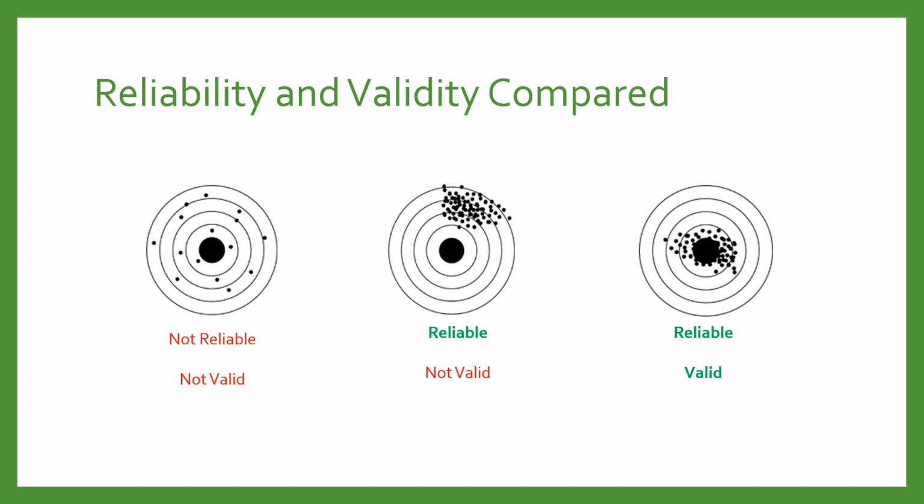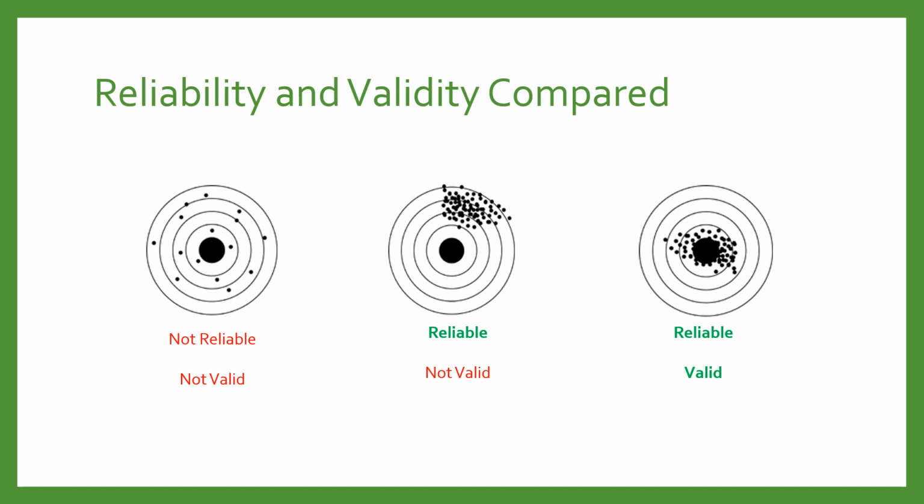So at best, we have a measure that has both high validity and high reliability, meaning it yields consistent results in repeated application, and it accurately reflects what we hope to represent, right? It's valid. It's possible to have a measure that has high reliability but low validity, one that's consistent in getting bad information or consistent in missing the mark.